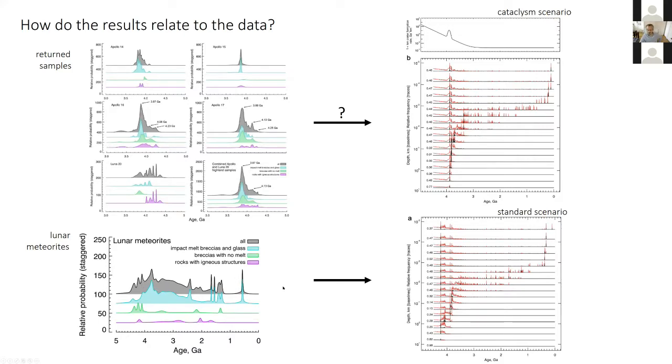Of course, you can't make an exact reproduction of one from the other, because this is only 20 samples on the left. But it is also plausible that what we're seeing here corresponds to what we're seeing here. And that would suggest that what we're seeing up here, in these peaks, is not a picture of the whole moon, it's a picture of a local bias around the Imbrium basin.